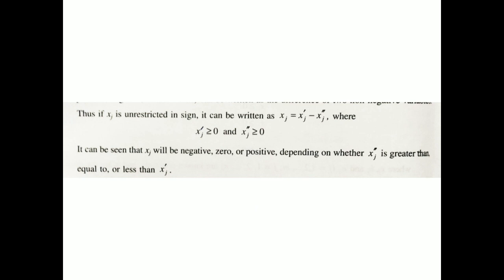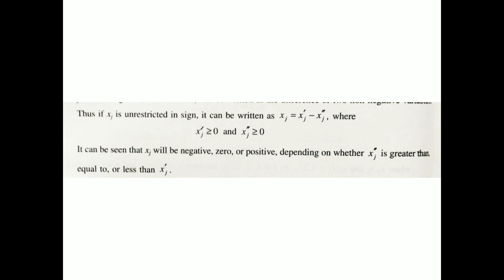But if the decision variable xj is unrestricted in sign, it can be written as xj equals xj dash minus xj double dash, where xj dash and xj double dash are both greater than or equal to 0, and depending upon the sign of xj, xj double dash can be greater than, equal to, or less than xj dash.